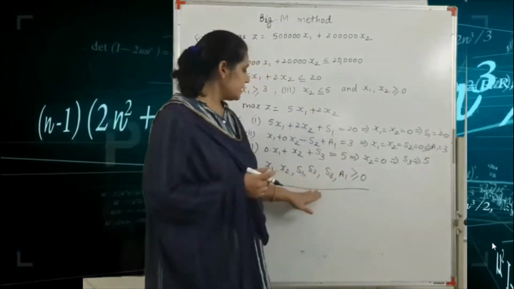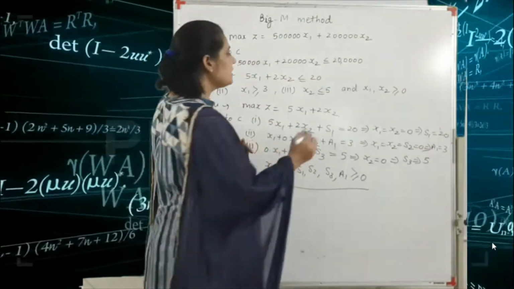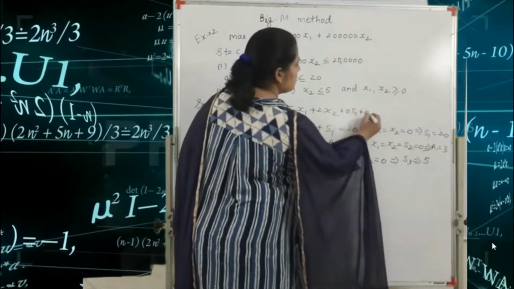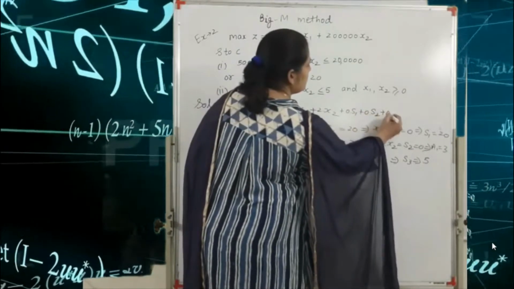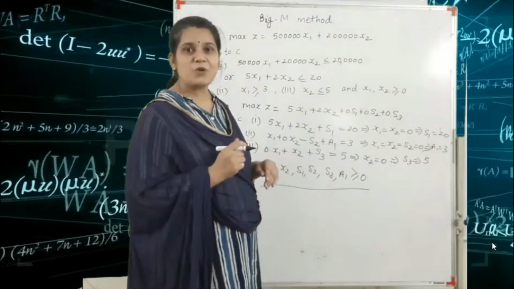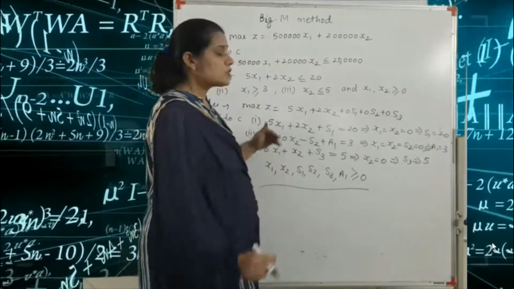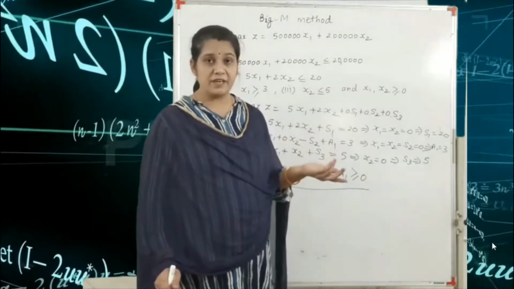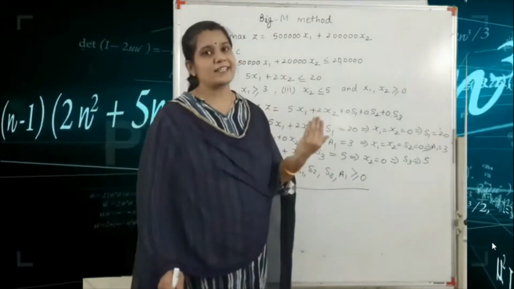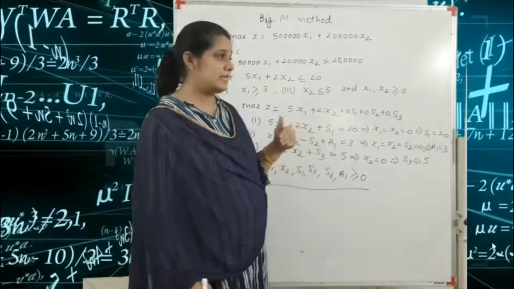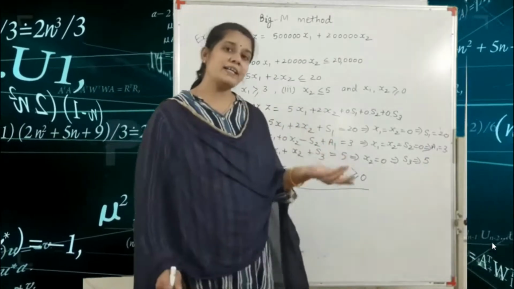We convert our objective function with 0 times s1, 0 times s2 and 0 times s3. But one term is missing: the artificial variable. So we write the artificial variable a1. The coefficient of the artificial variable is plus M or minus M.